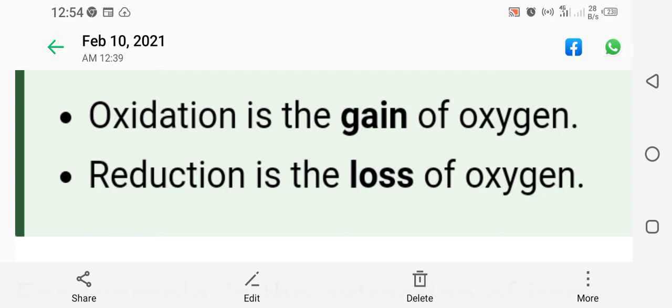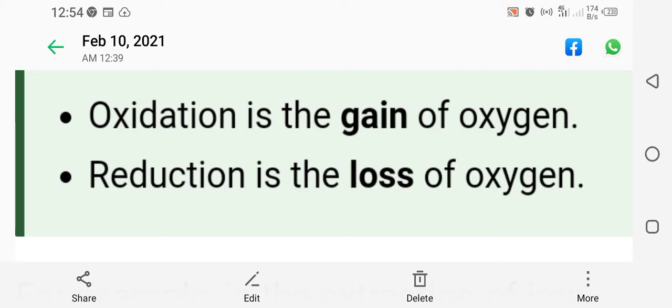Anode is positively charged, and anions, that is negatively charged ions, go to the anode because it is oppositely charged, while cations, positive ions, go to the cathode, and the cathode is negatively charged. At the anode, oxidation occurs and at the cathode, reduction occurs.